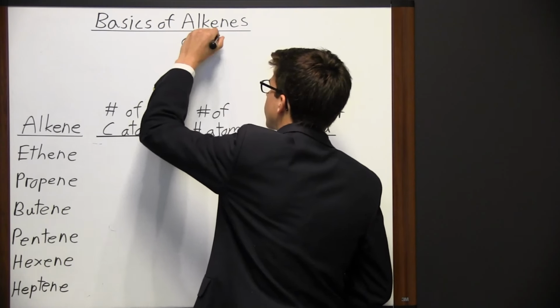So say we have methane, which has 1 carbon atom and 4 hydrogen atoms. We replace 1 hydrogen by the hydroxyl group, which is 1 oxygen atom and 1 hydrogen atom. So now we have this. So here we still have the same number of carbon atoms as we started with because we're not doing anything to the carbon.